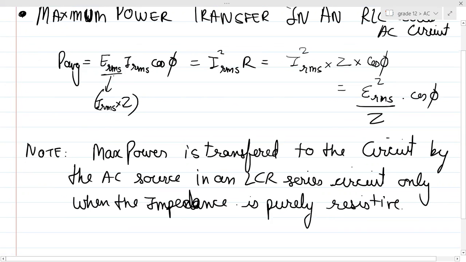When the impedance is purely resistive, then only the maximum power is transferred.